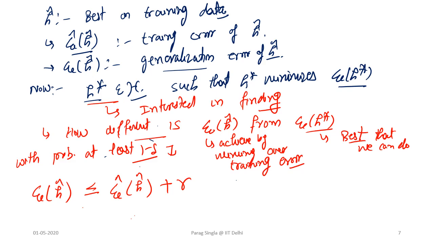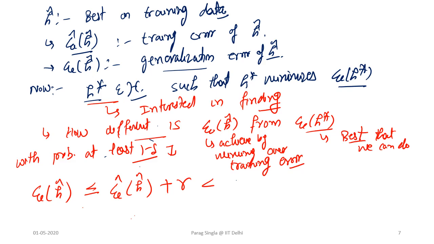This comes once again from the uniform convergence bound. Therefore, the generalization error of H hat is within gamma distance of the training error of H hat.